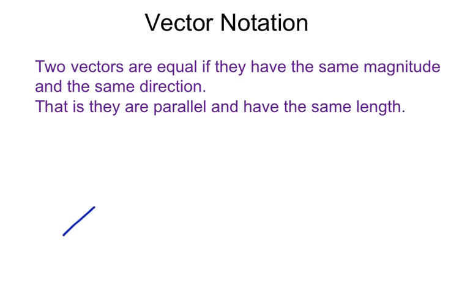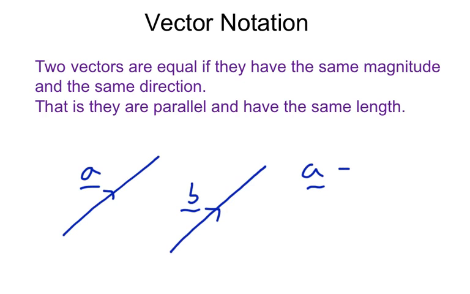If we had two vectors going in the same direction and they were the same length, then they would be equal. We call this one a and this one b, then a is equal to b in this case. If they are parallel and have the same length, that means they are equal vectors.